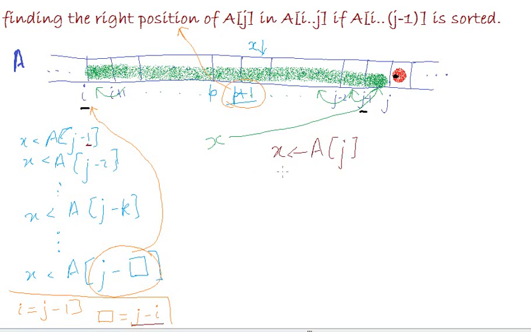Now we proceed in writing the algorithm. We initialize k by 1. After initializing k, we can write a while loop for all these comparisons. So we write while k is less than or equal to j minus i and x is less than A[j-k].